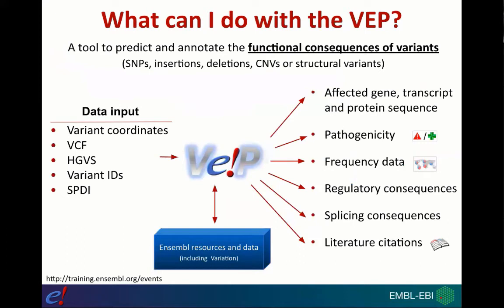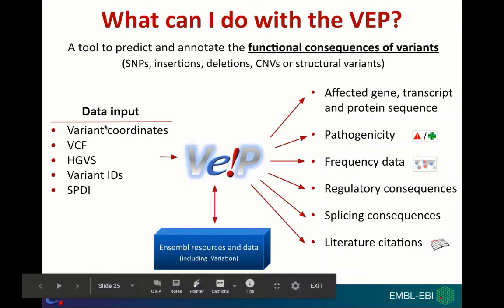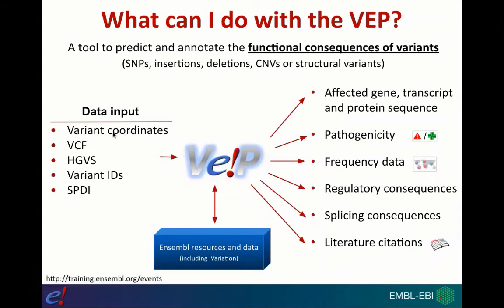So with the VEP, the idea is that it's a tool that you can use to predict and annotate the functional consequences of your variants. So the idea is that you give the VEP your variation data in one of a number of different formats. So they might be a set of variant coordinates, or they might be VCF file format.